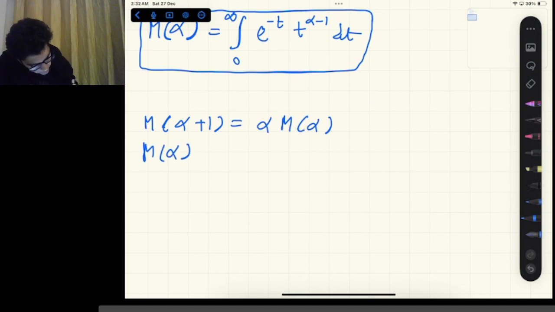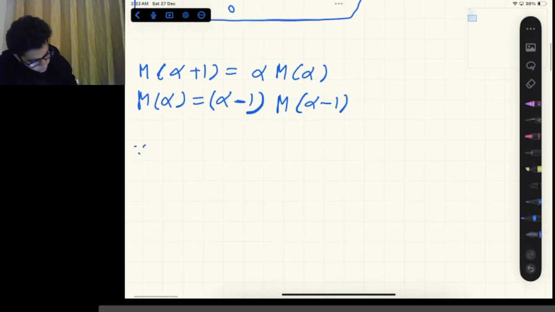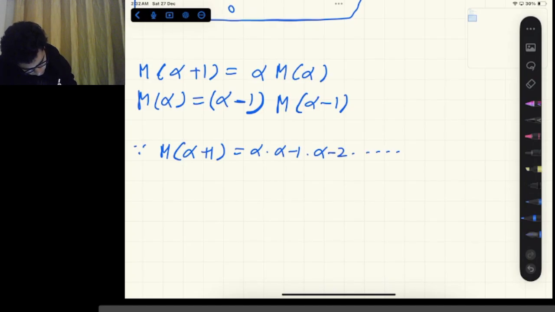Gamma alpha will be equal to alpha minus 1 times gamma alpha minus 1. Therefore I can say that gamma alpha plus 1 equals alpha into alpha minus 1 into alpha minus 2, and so on and so forth till 1 into gamma 1.